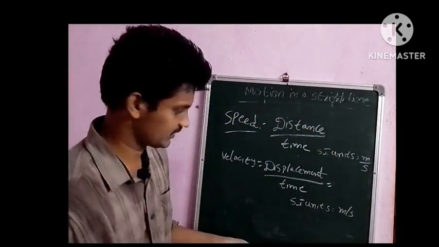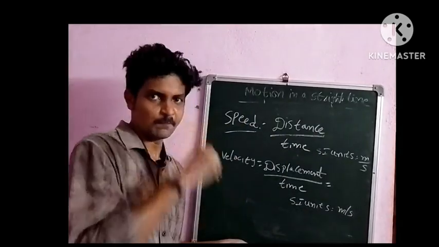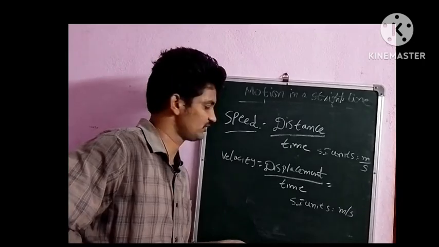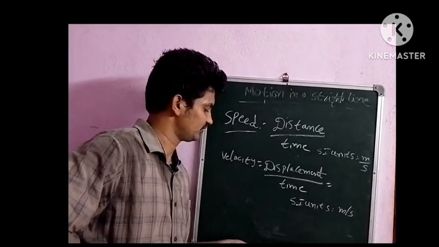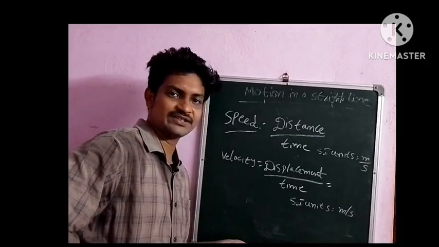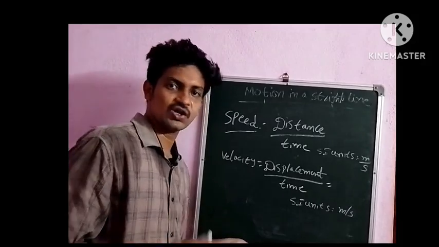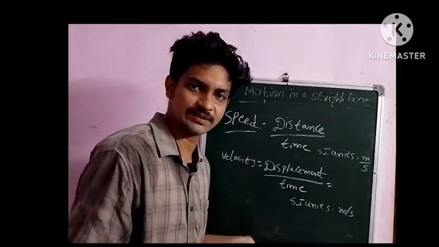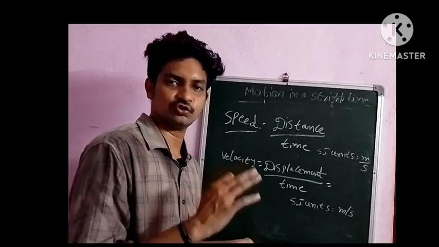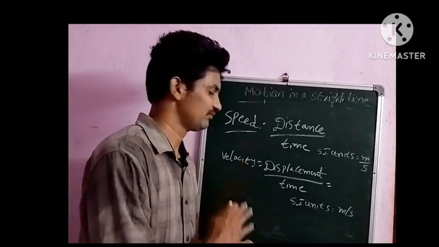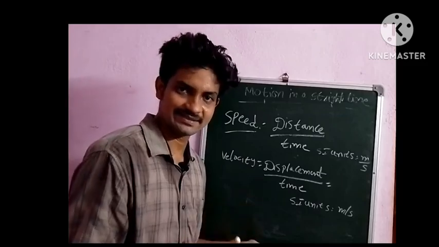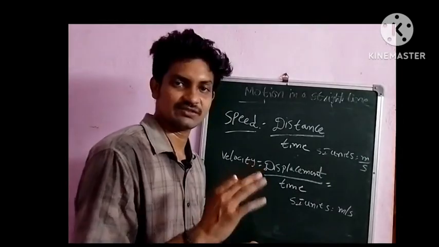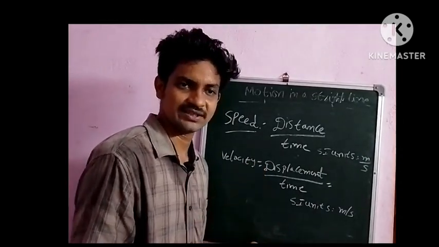Speed and velocity. And what is uniform speed and uniform velocity? An object which maintains a constant speed is called uniform speed. An object which maintains a constant velocity is called uniform velocity.